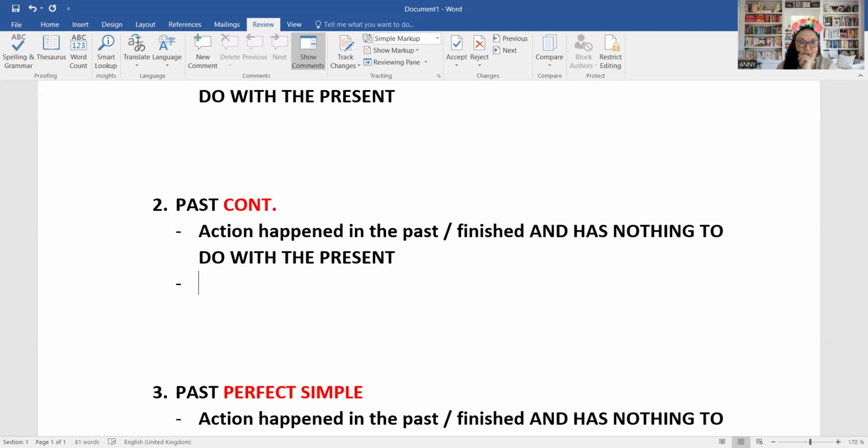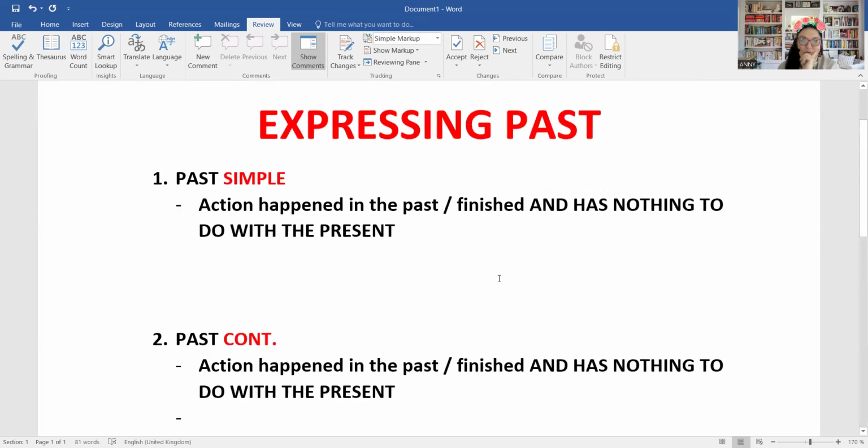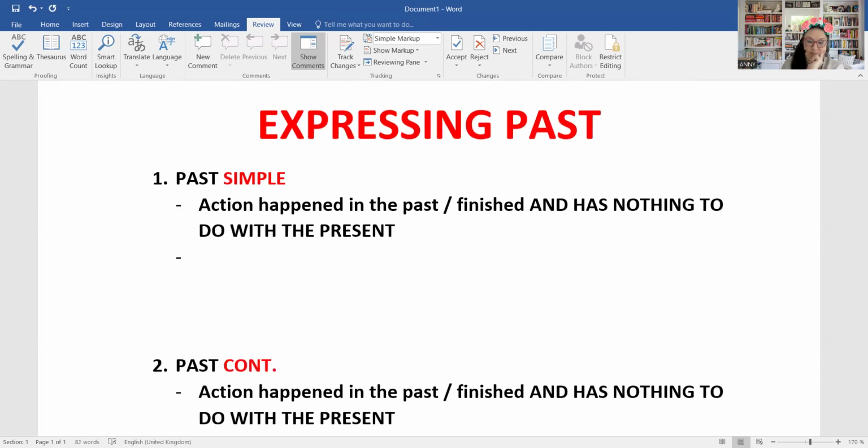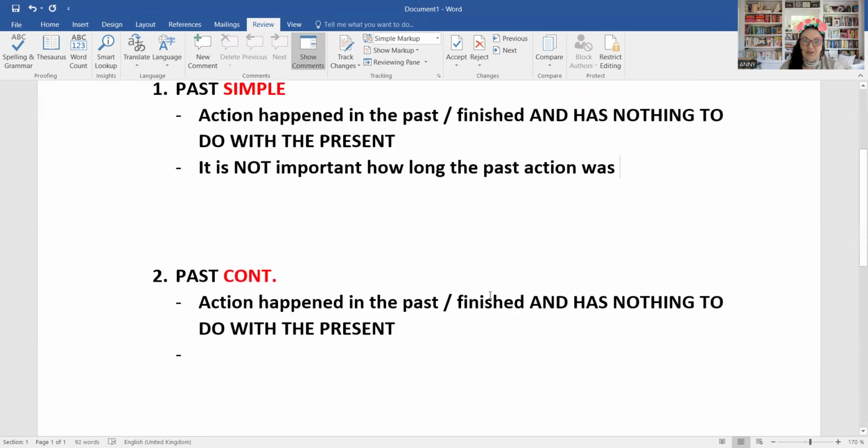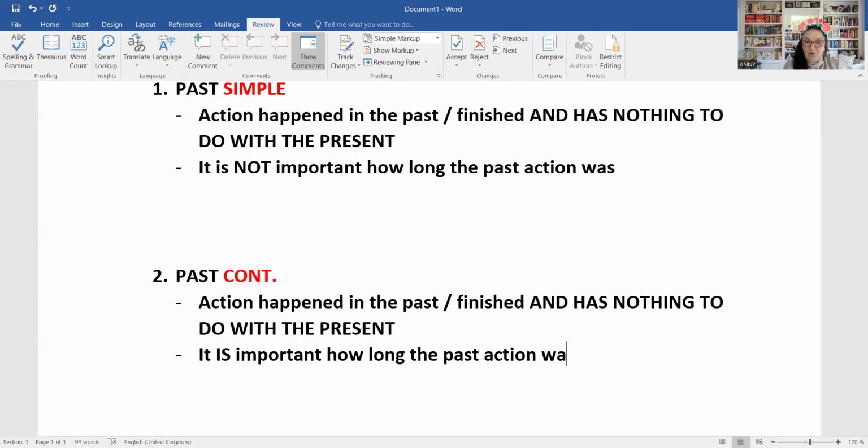The next important thing about past simple is that it is not important how long the past action was, which immediately means that for past continuous, it is important how long the past action was.